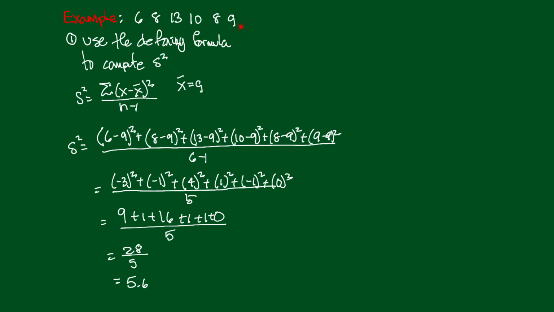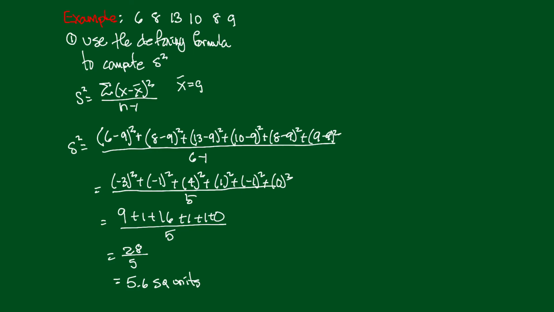So since this is to the ones place, I'm going to round off to 1 digit more. So instead of 5 or 6, I'm going to round off to that 5.6. But remember, this is all squared, so this is square units. It's like square ducks. Okay, so I got 5.6 square units, 5.6 square ducks.